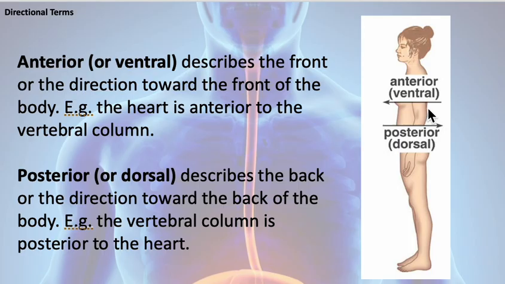The vertebral column is posterior to the heart because the vertebral column is closer to the back surface or the posterior surface than the heart. So again, the heart is anterior or closer towards the front to the vertebral column, and the vertebral column is posterior to the heart.